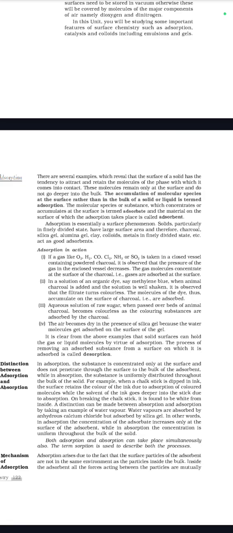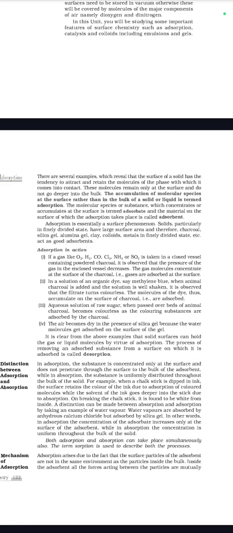The accumulation of molecular species at the surface rather than in the bulk of a solid or liquid is termed adsorption. The molecular species or substance which concentrates or accumulates at the surface is termed the adsorbate, and the material on the surface of which adsorption takes place is called the adsorbent.